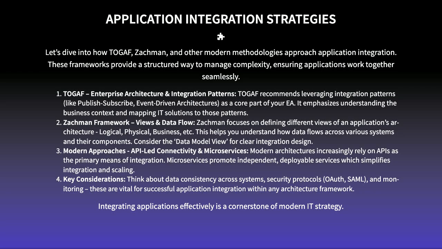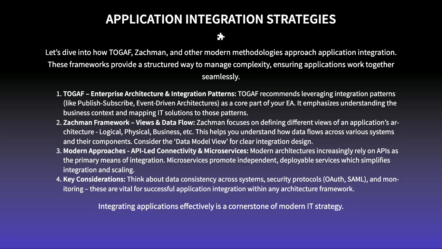Okay, let's talk about how we actually bring all these architectures together, specifically application integration. TOGAF encourages us to look at common integration patterns, like making systems talk to each other through events or notifications. Zachman's framework is really helpful here too. It helps you understand the different ways you can view an application from various angles, what's logical, what's physical.